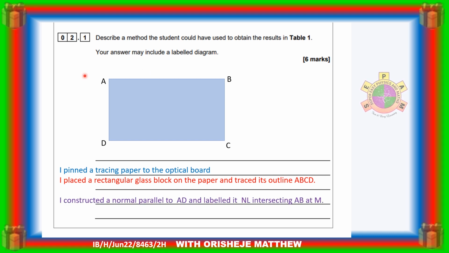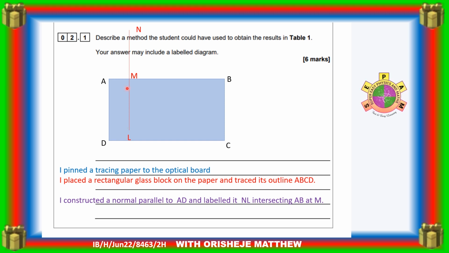You construct your normal perpendicular to this line AB, the point of incidence where the normal will cross the line AB, so we can call that M. So after you construct the normal, you call it M, then label the normal NL. So that is the orange line, okay.